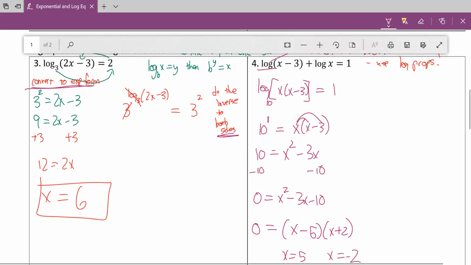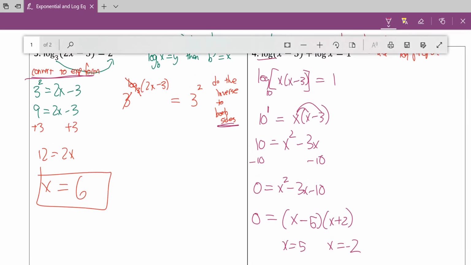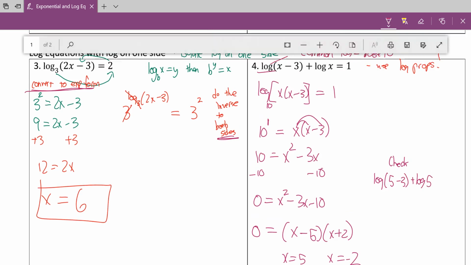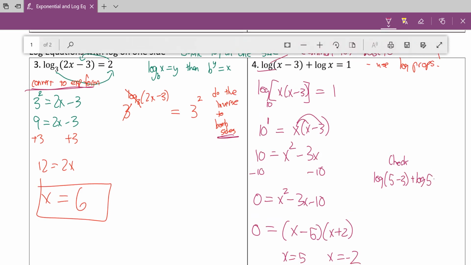But if I go and plug those back in, the 5 is going to work because I have log of 5 minus 3 plus log of 5. 5 minus 3 is 2. So then I have log 2 plus log 5. Does that equal 1? Yes, it does, because 5 times 2 is 10, and log 10 is 1.